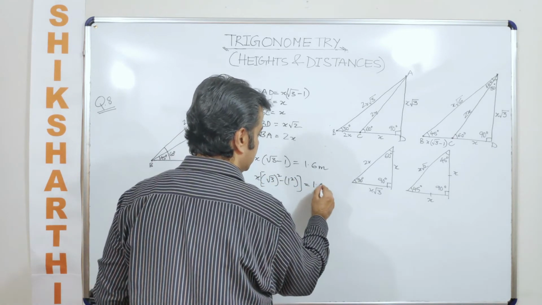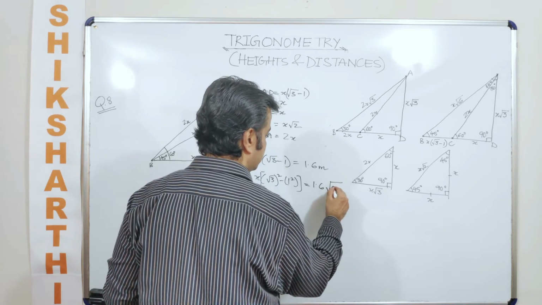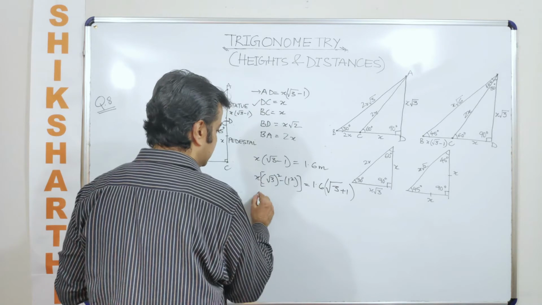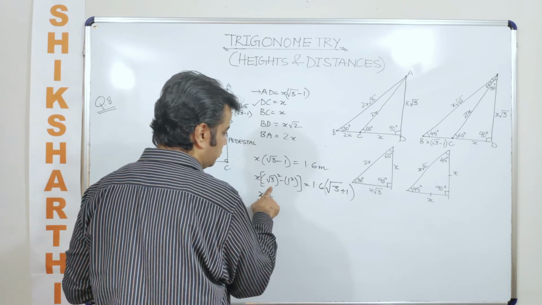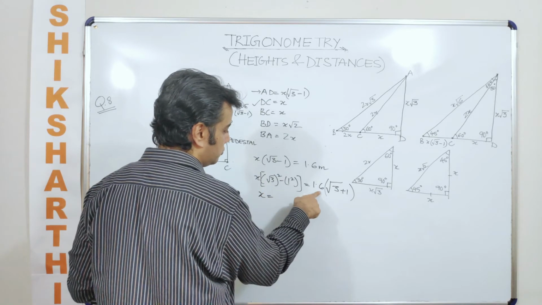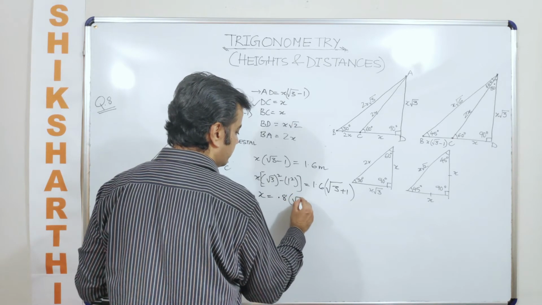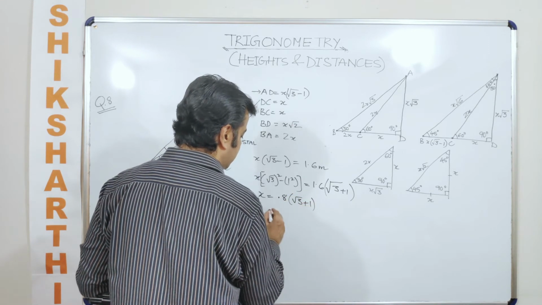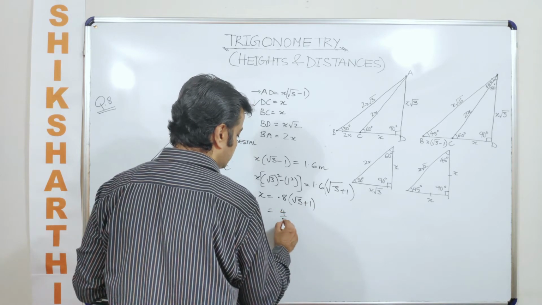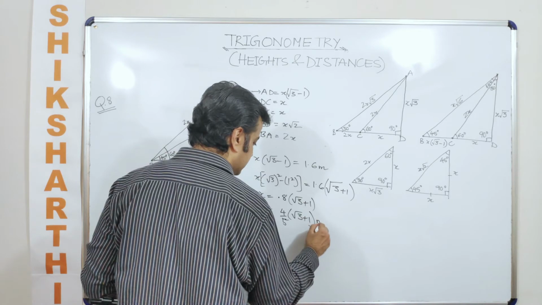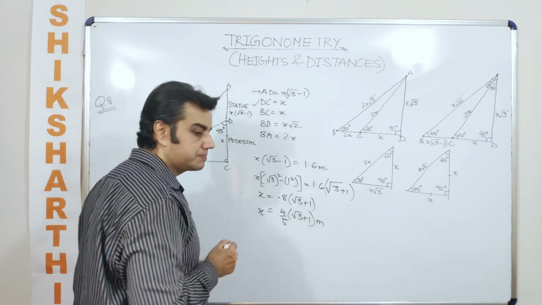So in that case, you get this as 1.6 times of root 3 plus 1. So in that case, the value of x comes out to be, now root 3 whole square is 3, 3 minus 1 is 2. So 0.8 times of root 3 plus 1, which can be further written as 0.8 is 4 by 5 of root 3 plus 1 meters. So this is your final answer.